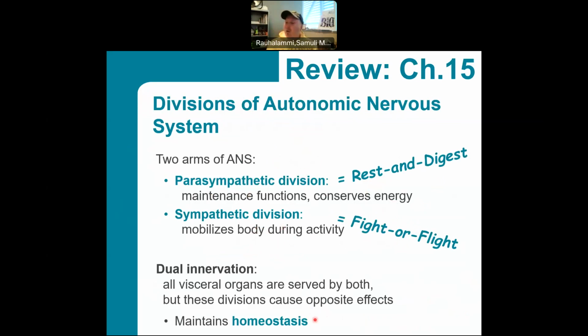I also want to point out that there is actually always this balance of these two systems as well. Like I said, the end goal is homeostasis. So we're seeing the interaction between the two systems to maintain us in that sweet spot where we want to be, to maintain a consistent internal environment.